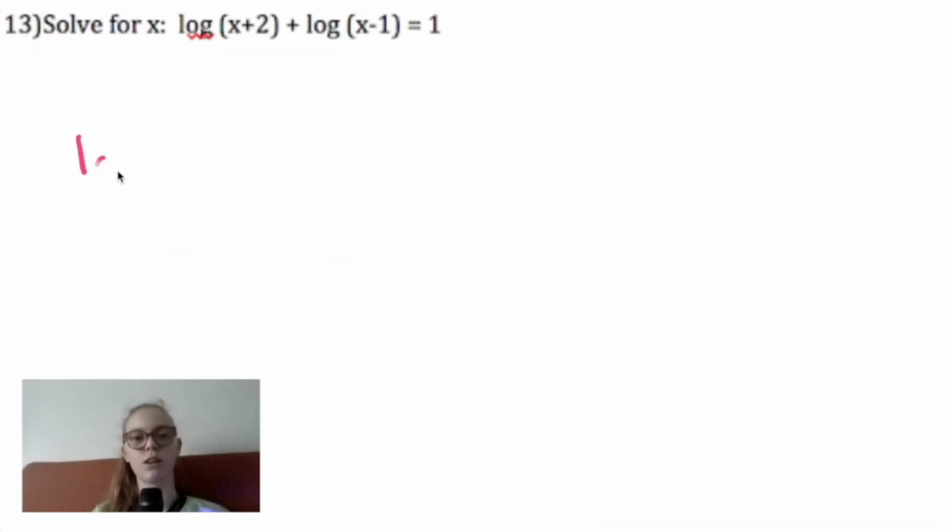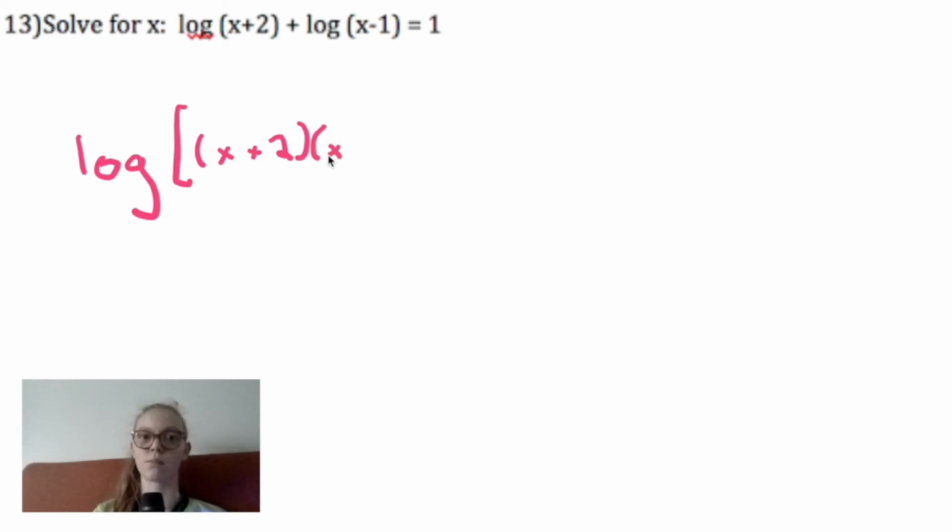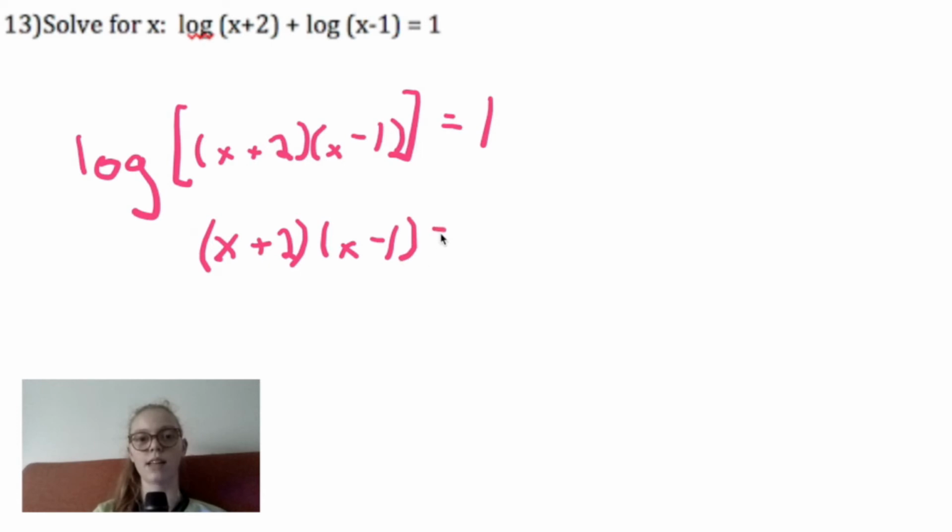So first, we know that we can multiply the arguments of these two logarithms because they're added together. So we have log of (x plus 2) times (x minus 1) is equal to 1. Now this means that (x plus 2) times (x minus 1) has to equal 10.